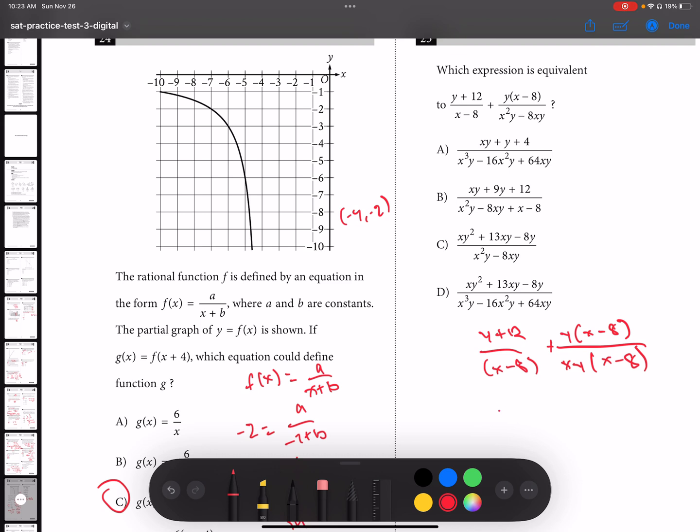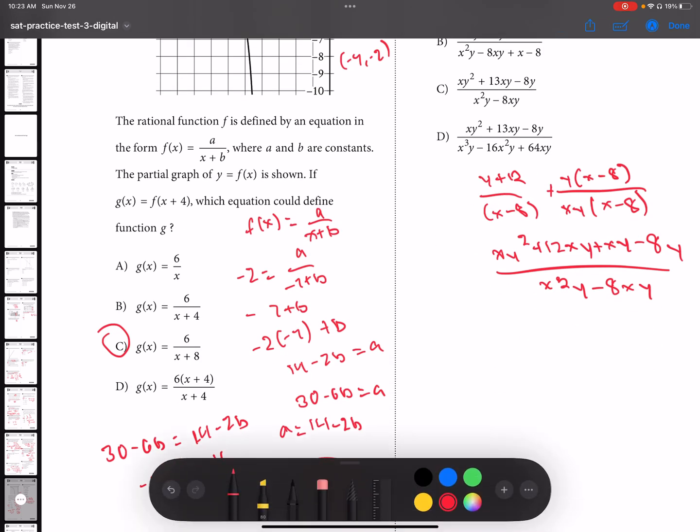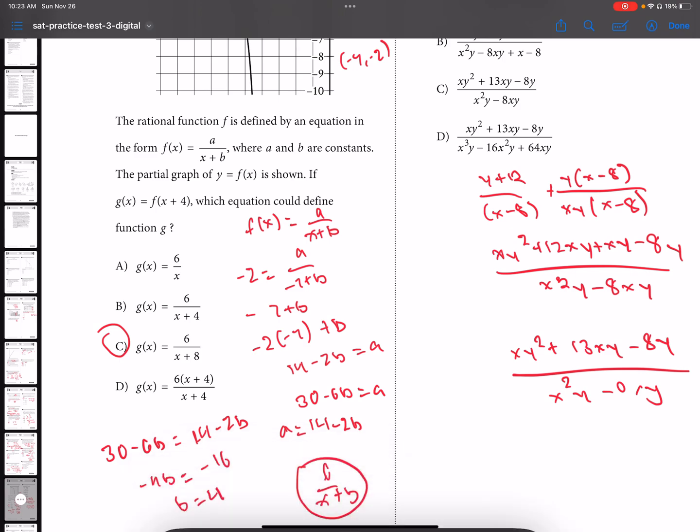That gives us xy squared plus 12xy plus xy minus 8y over x squared y minus 8xy. Then we simplify that. We'd be left with xy squared plus 13xy minus 8y over x squared y minus 8xy. So our answer would be C.